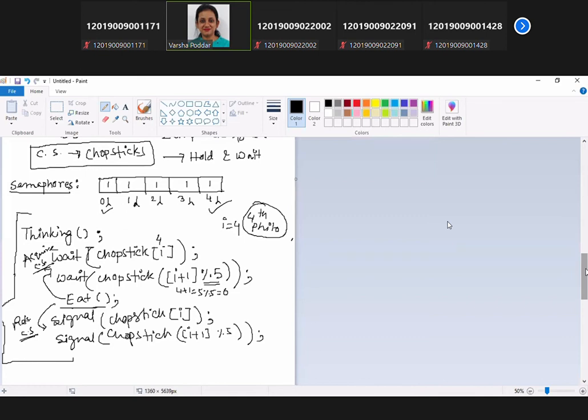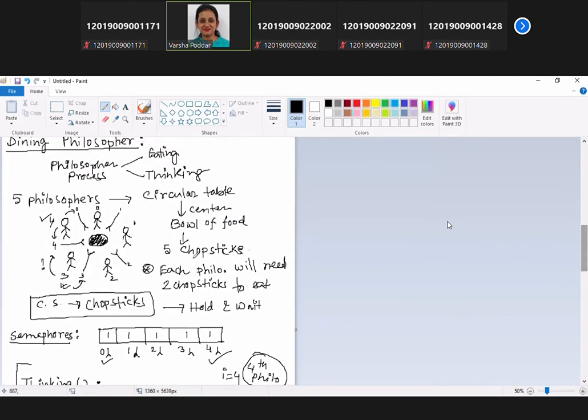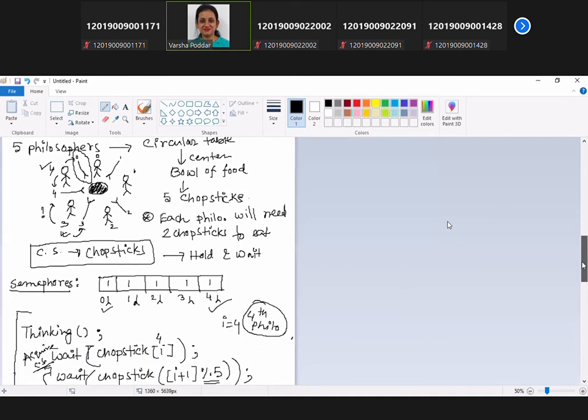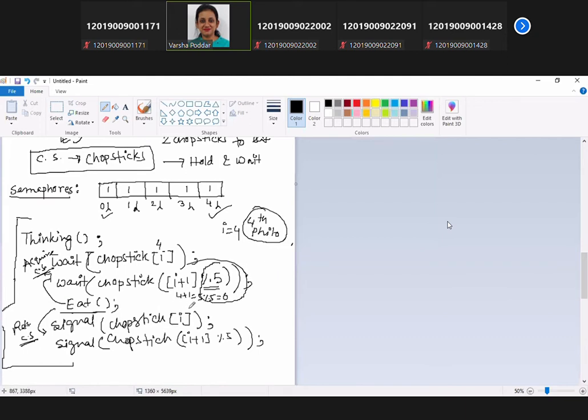But i plus 1 has a problem: when I am the 4th philosopher, I do not have a 5th chopstick here, so I have to acquire the 0th one. It's a round table, so we are using modulo 5, so that from 4, instead of going to 5, I go back to 0. This is your dining philosophers problem, and using semaphores, this is how we solve it.